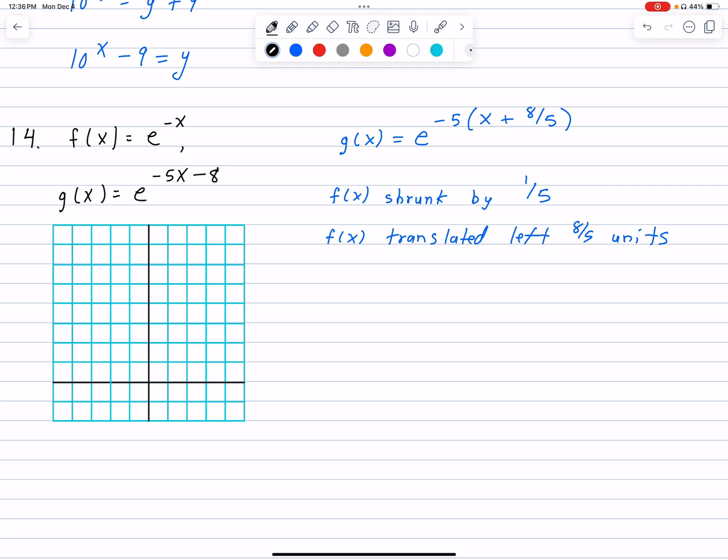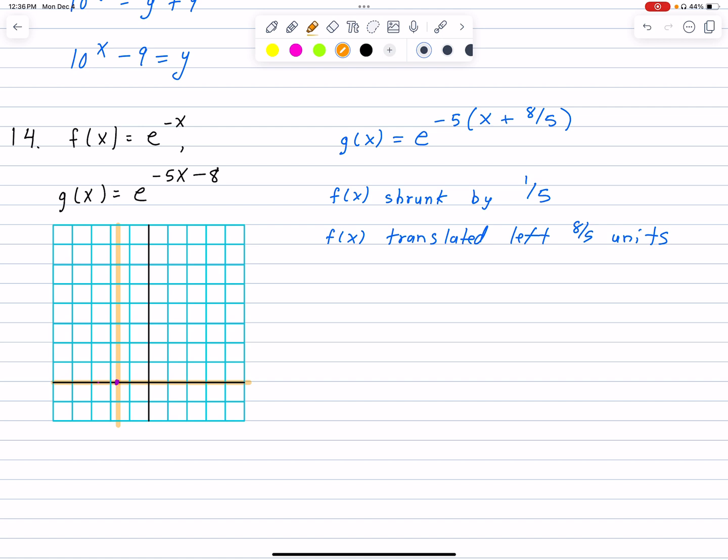So I'm just going to make a point. So 8/5 maybe is right about there, negative 8/5. Can't see that, right about there. Nope, I went over too much. Negative 8/5 is right about there. Okay, so in other words, if you were to draw a coordinate grid through there, it would look something like that.